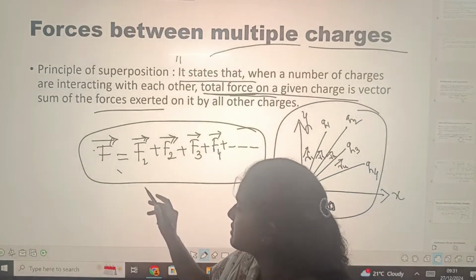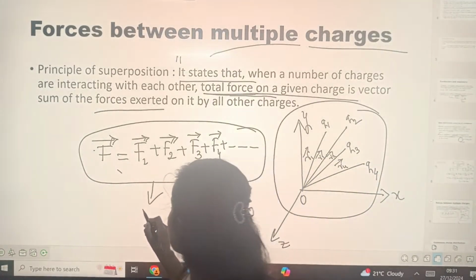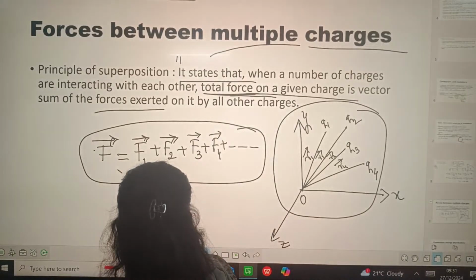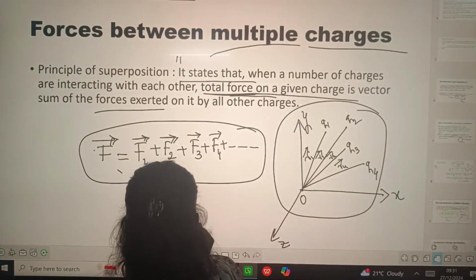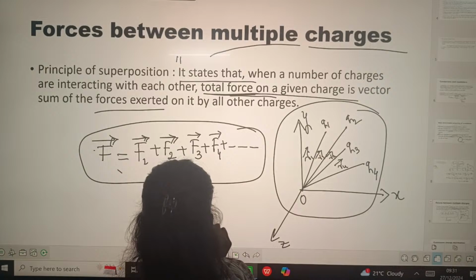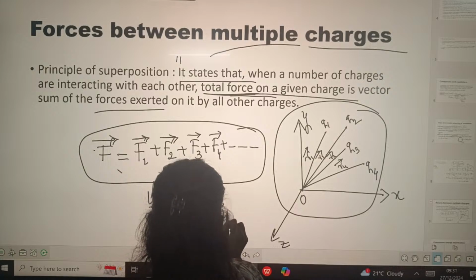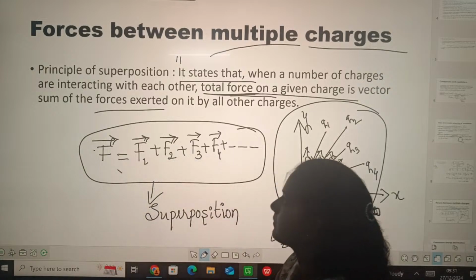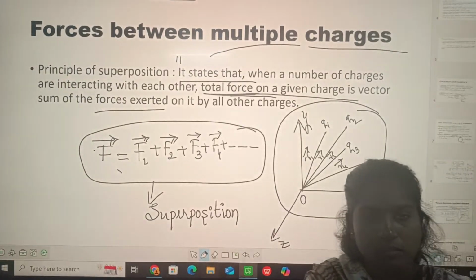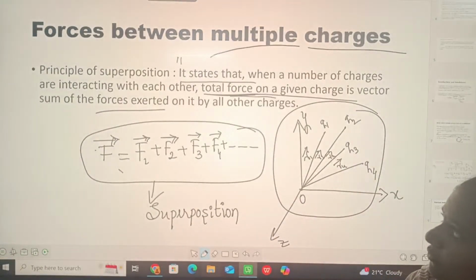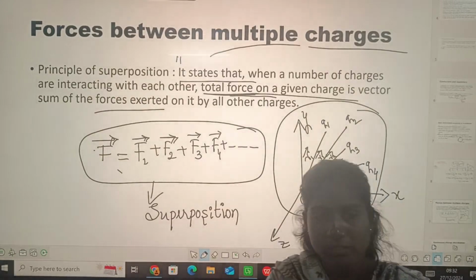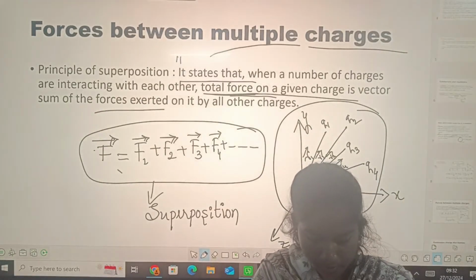This is the principle of superposition. Have you got this? The forces between multiple charges is also nothing but the principle of superposition.